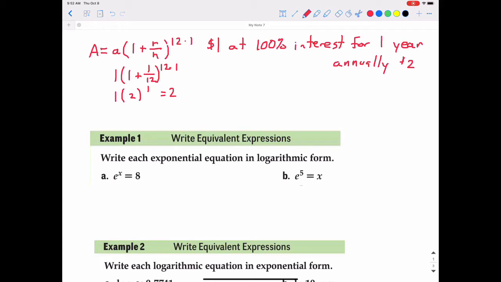And then we would have 1 plus 1/12, to the 12th power. And when you would do that, you would get about 2.6130.